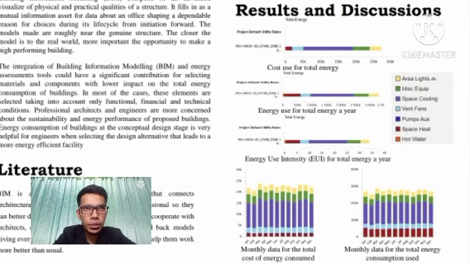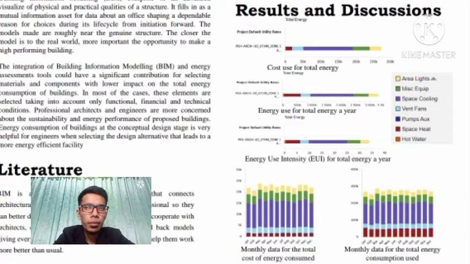For result and discussion, firstly I would like to present the annual data. For cost, which covers the total of all the energy, space cooling is one of the major contributors, taking 51% of the whole energy total.